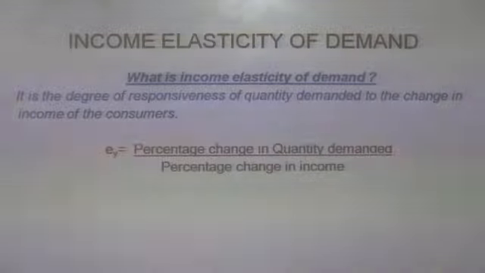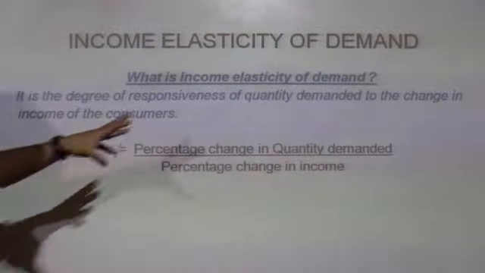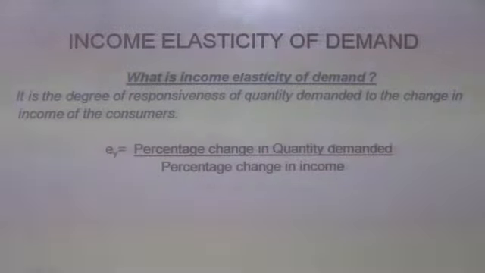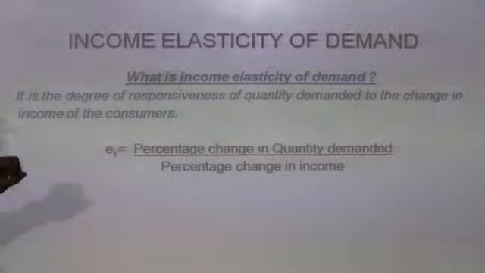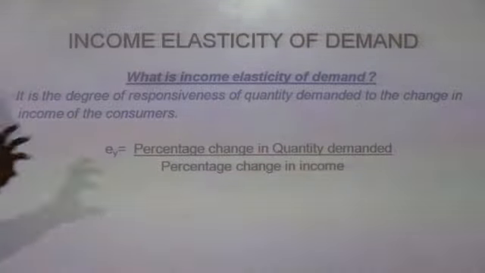Sometimes your income decreases, but your quantity demanded may remain the same. So when the income of the consumer changes, the quantity demanded by a consumer will also change. So this is income elastic demand. It is based on the income of a consumer and how much the quantity demanded will change.